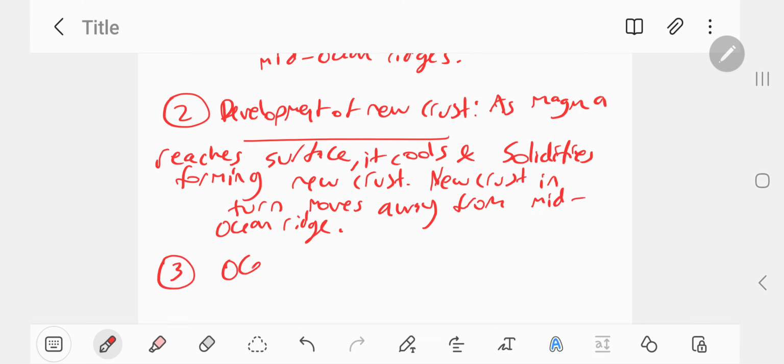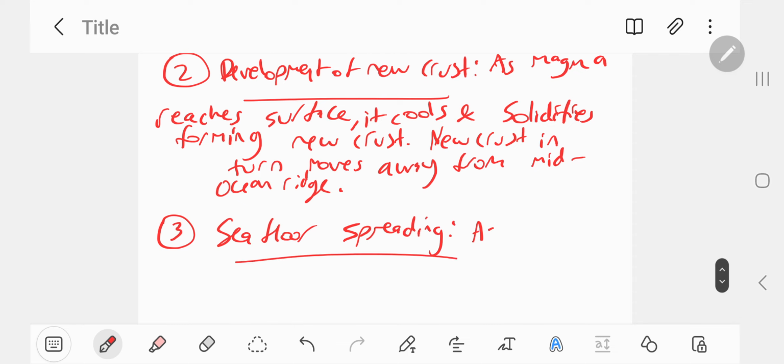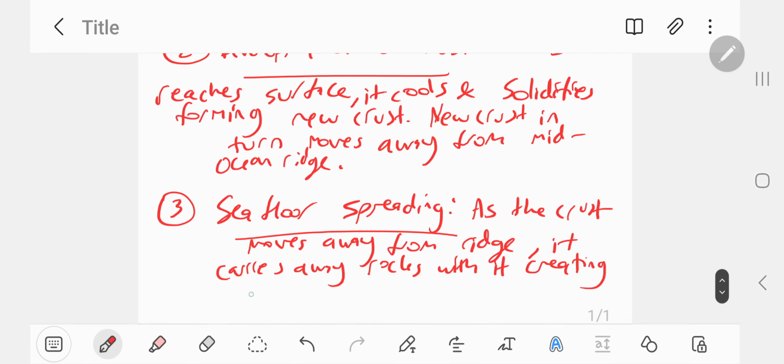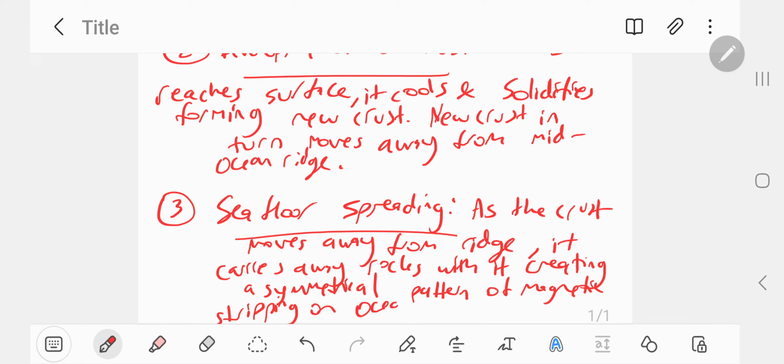Step 3, the final step, is seafloor spreading. So you can write: as the crust moves away from the ridge, it carries away rocks with it, creating a symmetrical pattern of magnetic striping on the ocean floor.